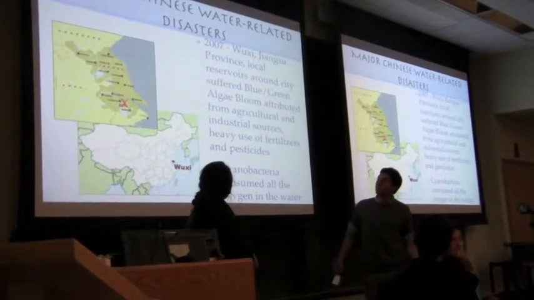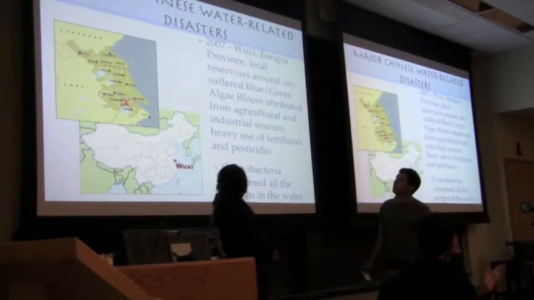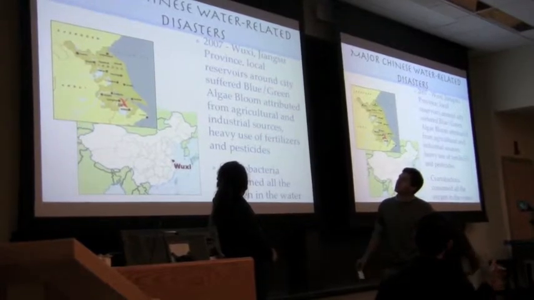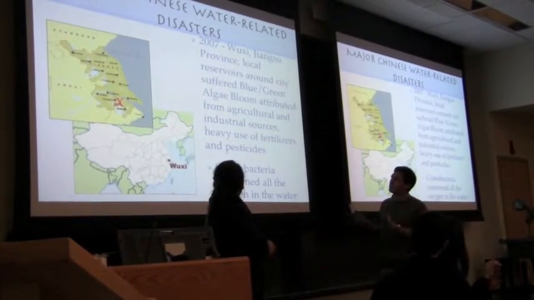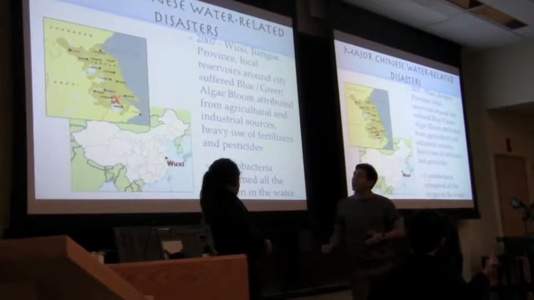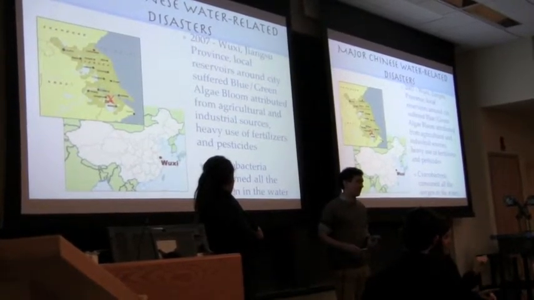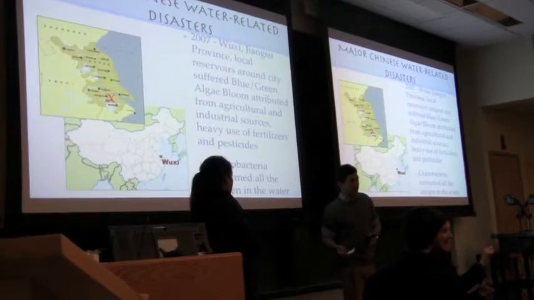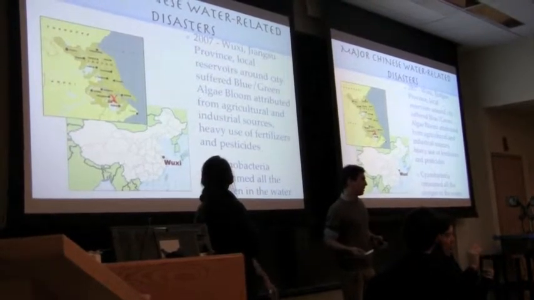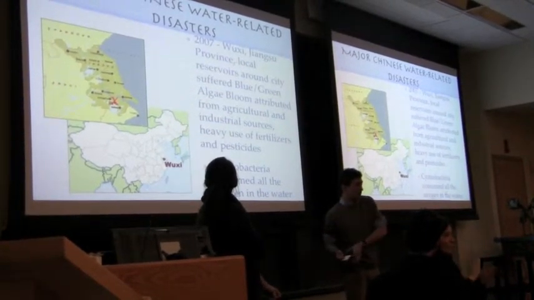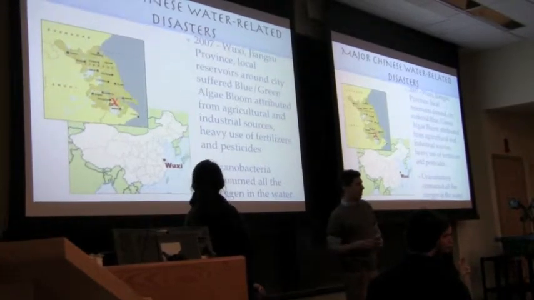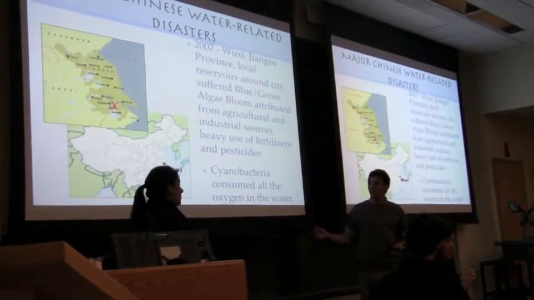Another disaster was in 2007. Jiangsu province suffered really big blue-green algae outbreaks, which is a cyanobacteria, and that creates a cyanotoxin, which causes eutrophication of water, the reduction of oxygen in water, and that killed a lot of the marine life in the area.